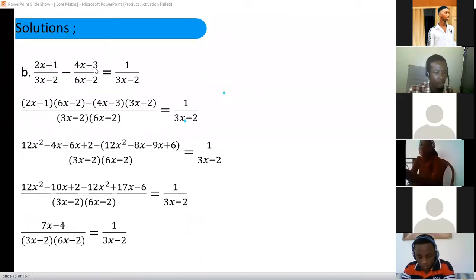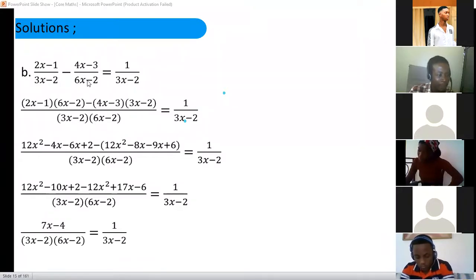Then we consider the second fraction. After the first multiplication, we have the minus sign here, so it will be minus. Assuming it is plus, then we bring plus here. But since it is minus, we subtract the numerator of the simplification. We use the denominator of the second fraction to divide the LCM again.